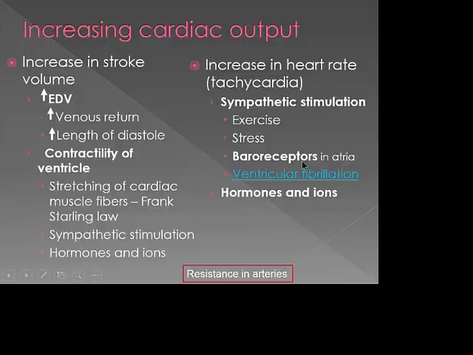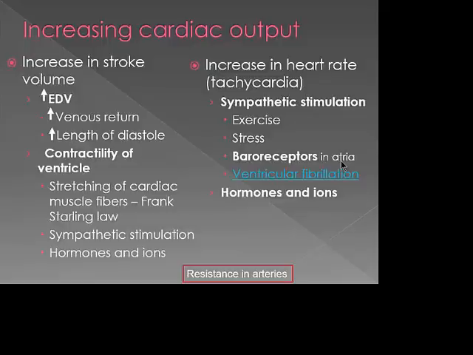And then there are baroreceptors in the atria. Baroreceptors are pressure receptors. These baroreceptors in the atria, when the pressure inside the atria increases, these receptors get stimulated. When will the pressure increase? The pressure will increase when there is more blood in the atria.